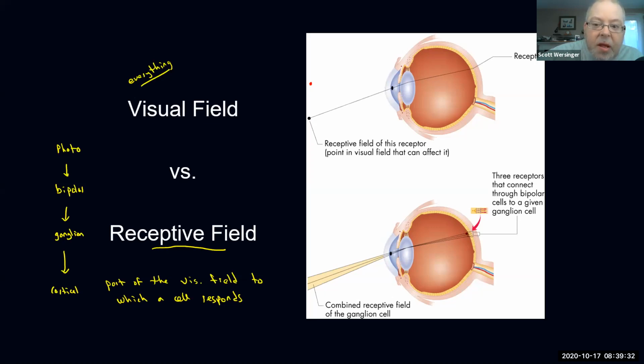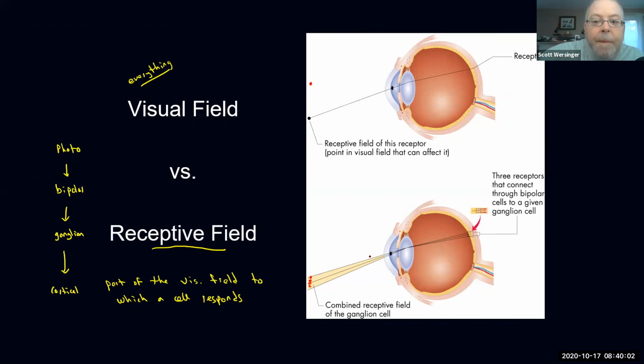Now, if we have a few photoreceptors linked to, say, one retinal ganglion cell, like in this diagram, now if light strikes any of those photoreceptors, the ganglion cell will respond. Okay, so if light is here, or here, or here, or here, my ganglion cell will respond.